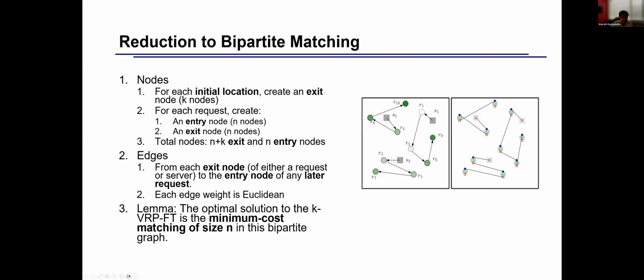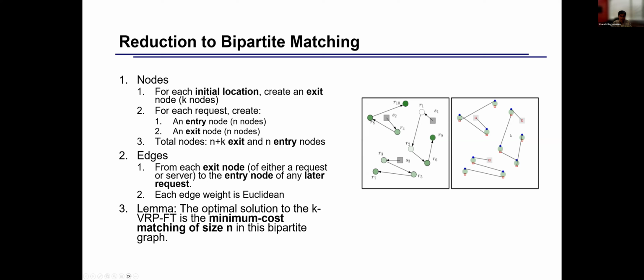If I do this, this will give me a bipartite graph. It's not a complete bipartite graph, because exit nodes are only connected to entry nodes of future requests. But if I take this bipartite graph and compute a minimum cost matching of size n, that would correspond to the optimal solution for the fixed time vehicle routing problem.